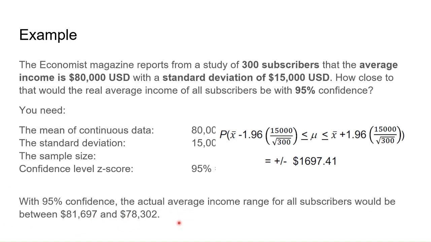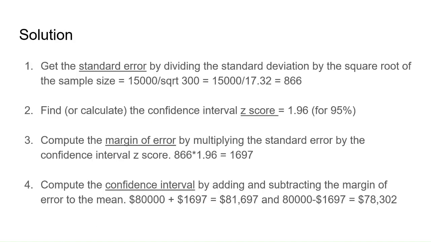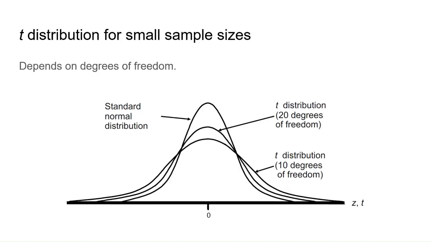Now, if we were to repeat this example with only 20 subscribers, and you can do this by yourself, if we did the math, the range of our answer would actually become larger. That's because our sample size is smaller. And here, if you're interested, is how we go about calculating the solution to the example.